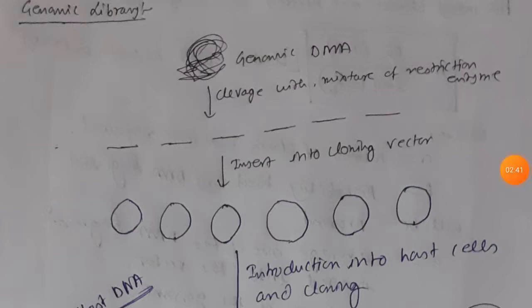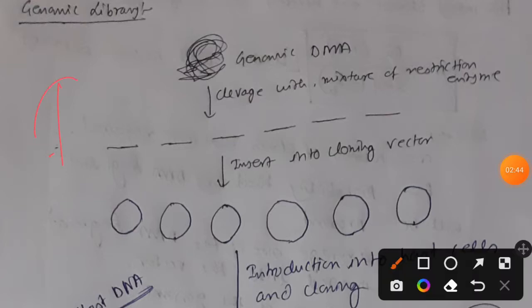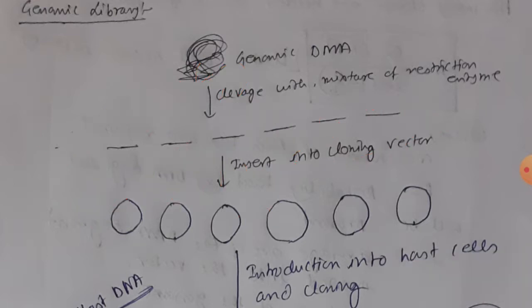There will be a procedure known as in vivo DNA cloning, because in in vivo DNA cloning, if we are not lysing our host, then the DNA will remain within the host. That is the idea: on the basis of the normal DNA cloning that we have learned earlier, the genomic library is constructed.